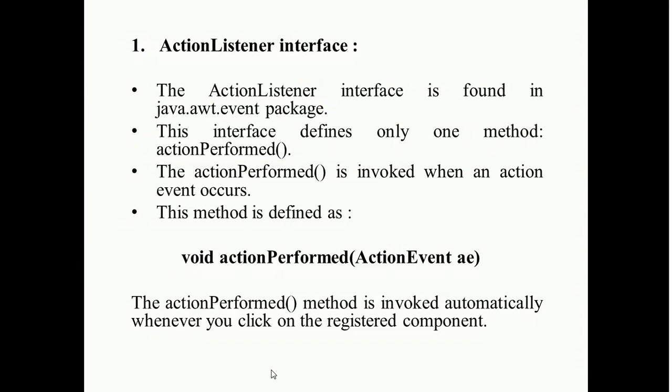This interface defines only one method, that is actionPerformed. The actionPerformed method is invoked when an action event occurs. So the action listener interface defines the method actionPerformed, which is invoked when an action event occurs. It means when any action event occurs, that time the actionPerformed method is invoked.